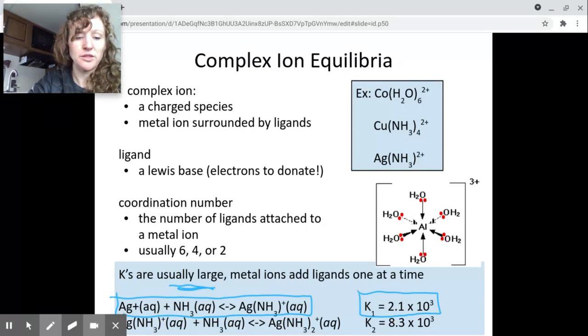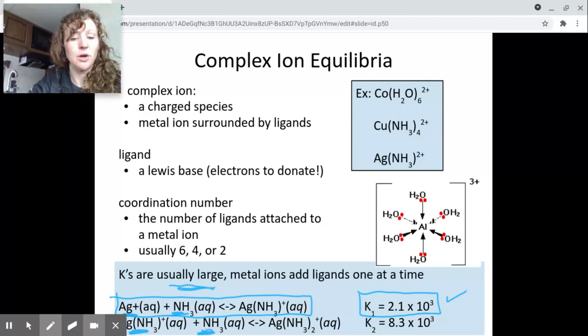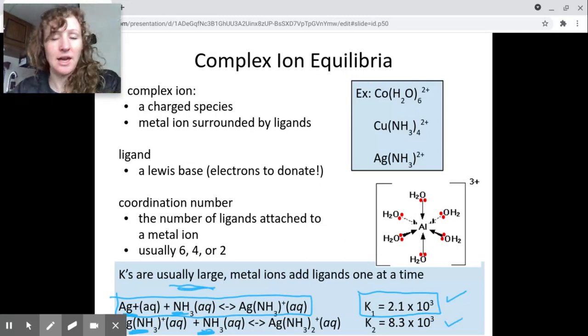So silver is going to add 1 ammonia that has a specific K, and then that complex ion will add a second ammonia in a second reaction with a second K. So they're really similar in that way to polyprotic acids that protonate one at a time. These are going to add on those Lewis bases one at a time.